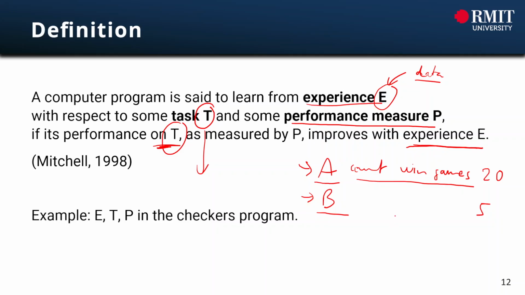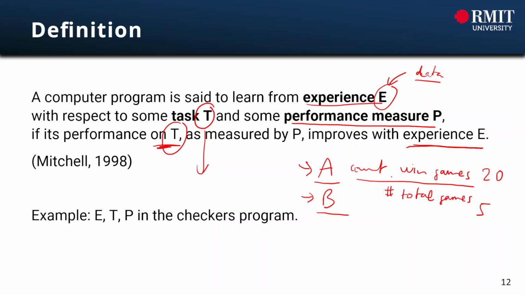However, if we change the performance measure, then the answer can be different. Let's say now we use another performance measure: we compute the winning rate. That means I count the number of games won and divide it by the total number of games. This one looks more reasonable, right?